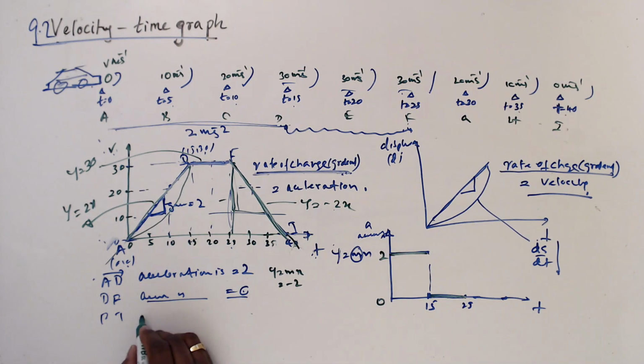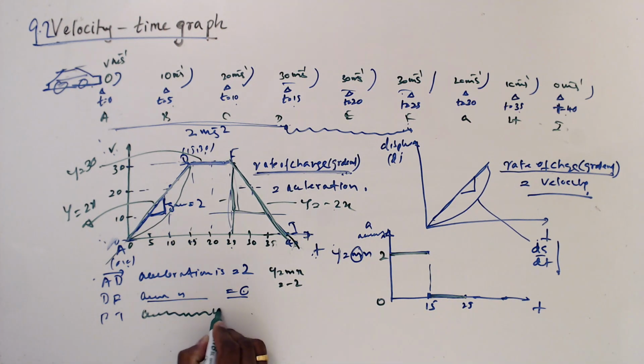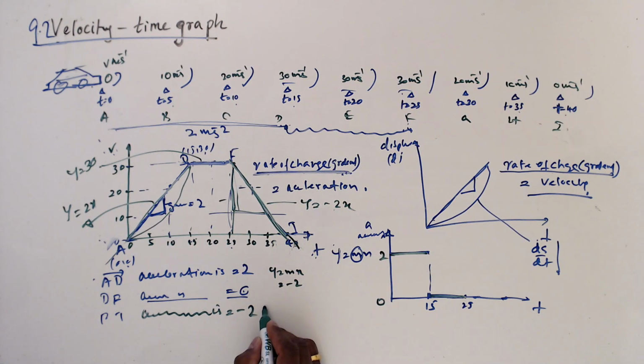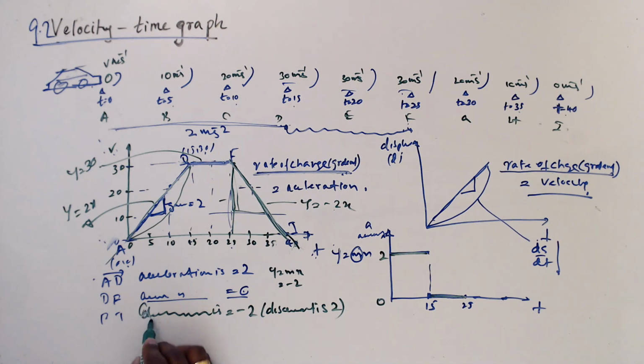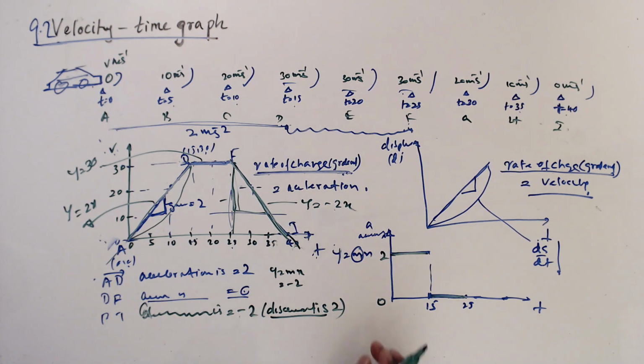So acceleration is negative 2. What is the word for this one? If you remove the negative, deceleration is 2. Acceleration is negative. If you want to take the minus out, you can say deceleration is 2. That is where you apply the brake.